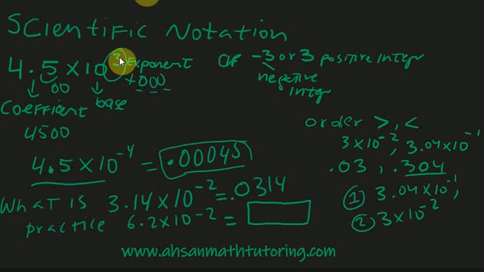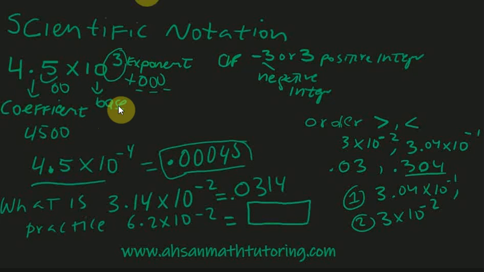So now to explain it, what is this? We know the 3 is the exponent. The number that was given, any number given before times 10, is the coefficient. The 10 itself is the base.